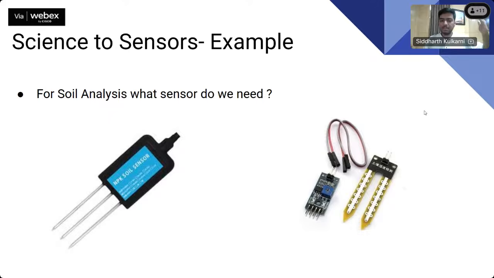Obviously, an NPK sensor, because I get more information about the soil health. But will the NPK sensor tell me if the soil is dry or wet? No. If you want to do some sort of automation where you are giving drip irrigation output based on the dryness of the soil, then you by default need a soil moisture sensor. So there are scenarios where you might need to combine two different sensors to achieve a small activity that you planned.